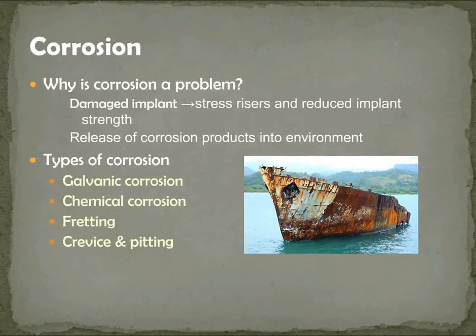Corrosion is an important concept when looking at different metals used in surgery. Because overall it can result in weakness of the implant and also release of corrosion products into the local environment. There are different types of corrosion.